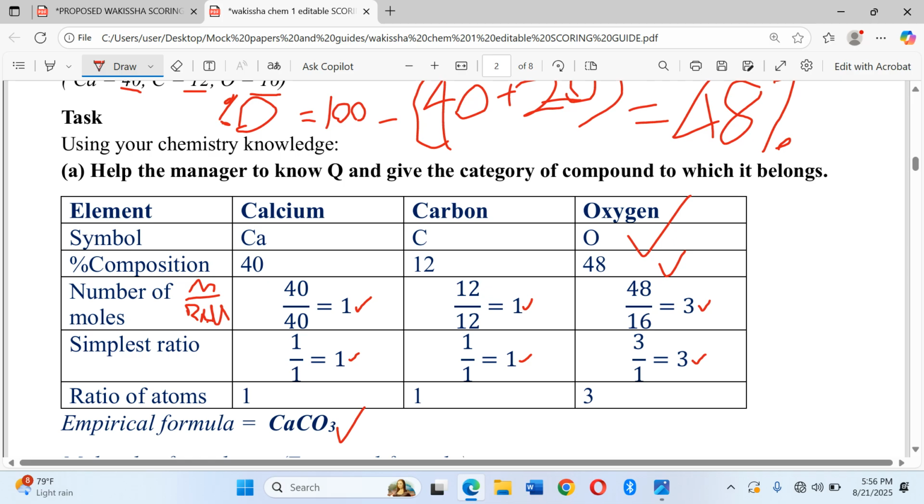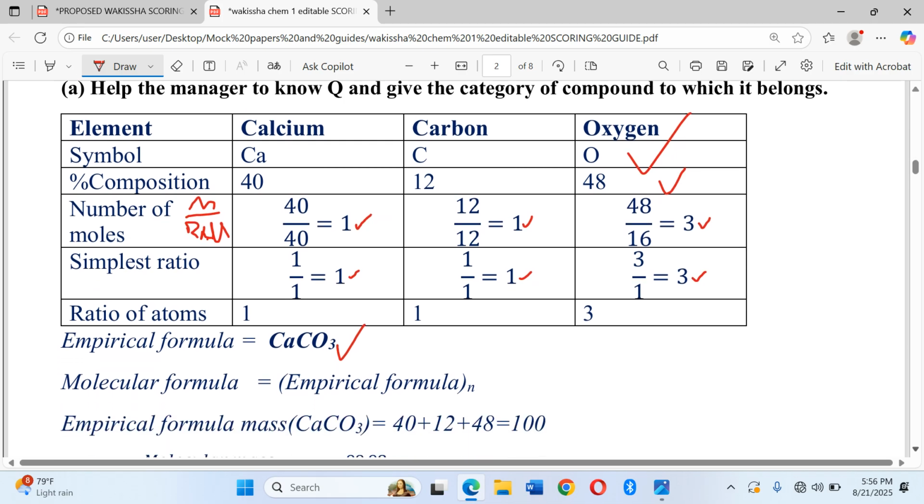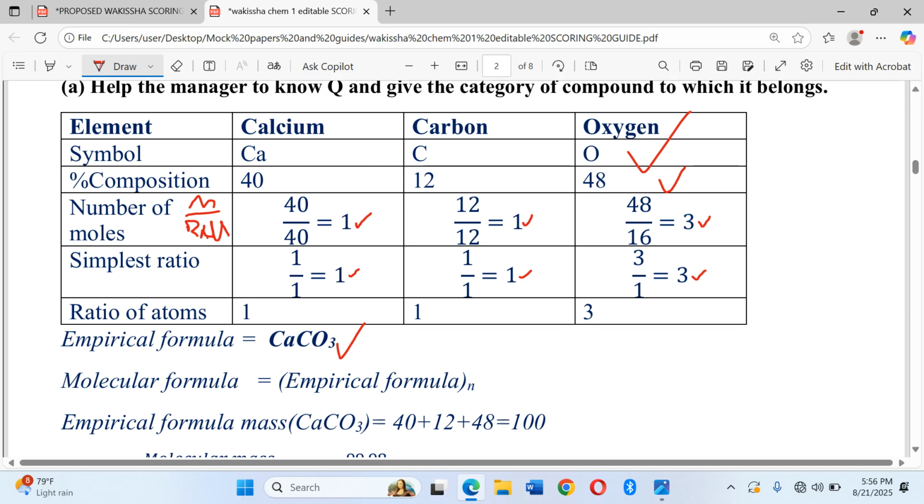But this is empirical formula, and for us to know the actual number of atoms present in a given compound, we need to find what we call the molecular formula. So we can get the molecular formula since we already have the molecular mass. We know very well that for us to get the molecular formula, we get empirical formula times n.